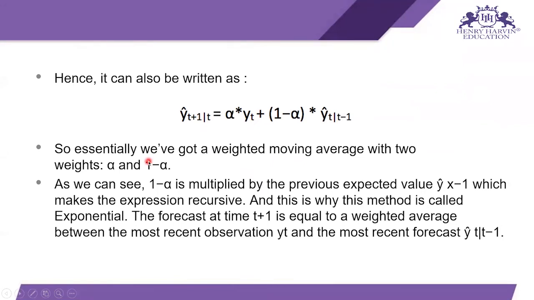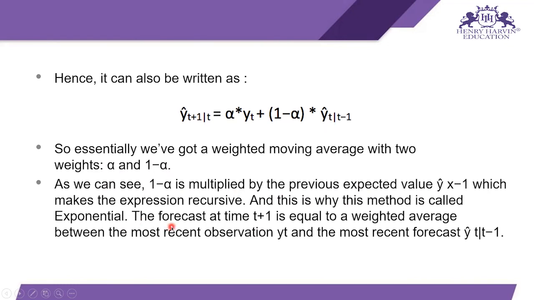So essentially, we have a weighted moving average with two weights, alpha and 1 minus alpha. As we can see, 1 minus alpha is multiplied by the previous forecast y hat t given t minus 1, which makes the expression recursive, and this is why this method is called exponential.